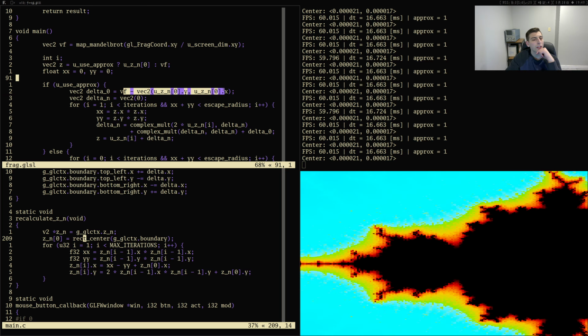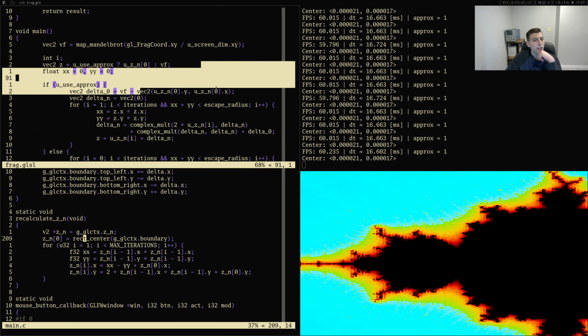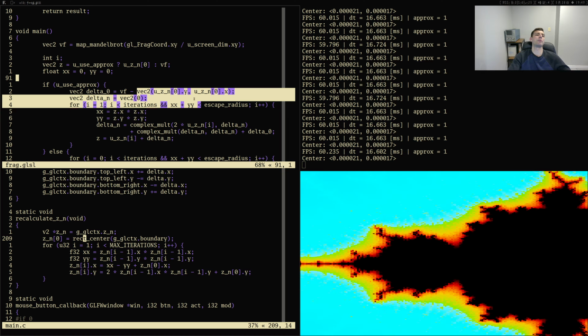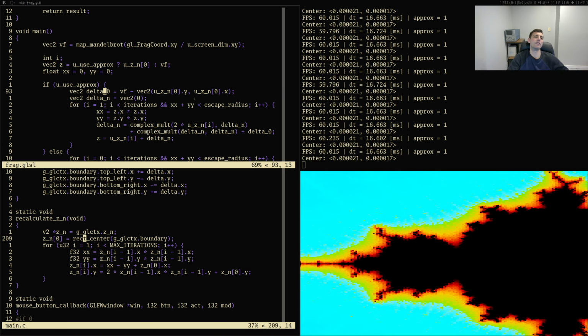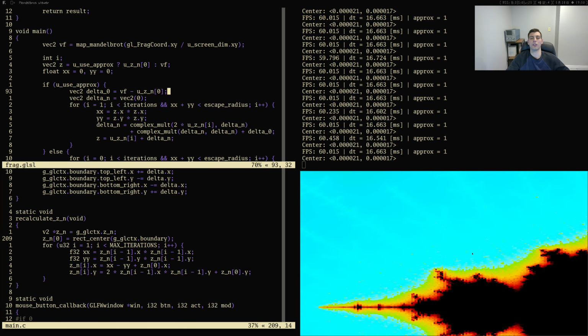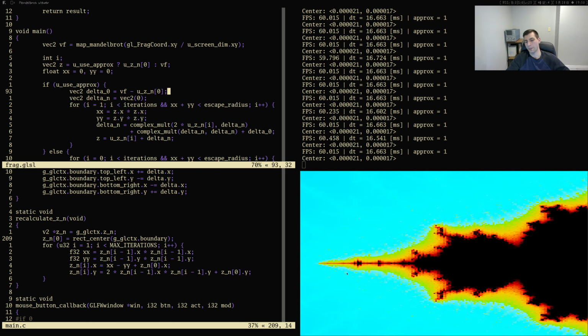So I think the x is 0 and z is 0. So this should have been correct, because zn 0 means no iteration, and there's no c value. So yeah, weird.